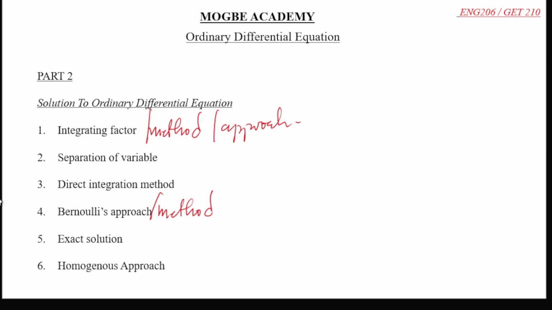Here you'll be using the exact method in solving an ODE that will be given to us. Are we together? Now the last and not the least is the homogeneous method, or homogeneous approach. Here you'll be using the homogeneous method to solve an ODE that will be given to us. Are we together?